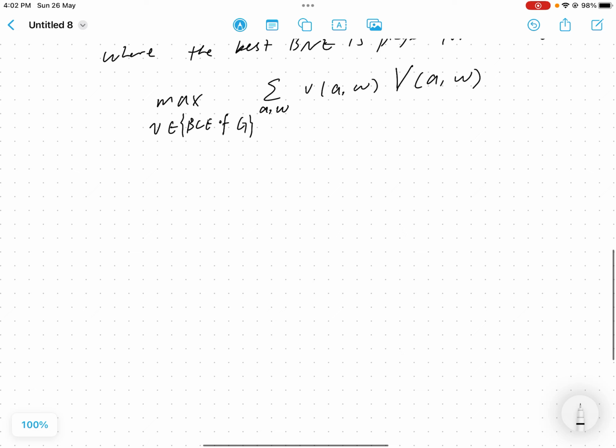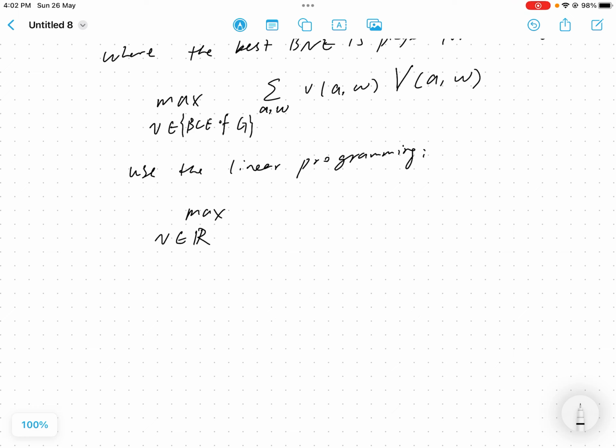So we use linear programming. Specifically, we're maximizing by choosing the outcome. So this is a real number with dimension of the cardinality of Omega times A. Okay.